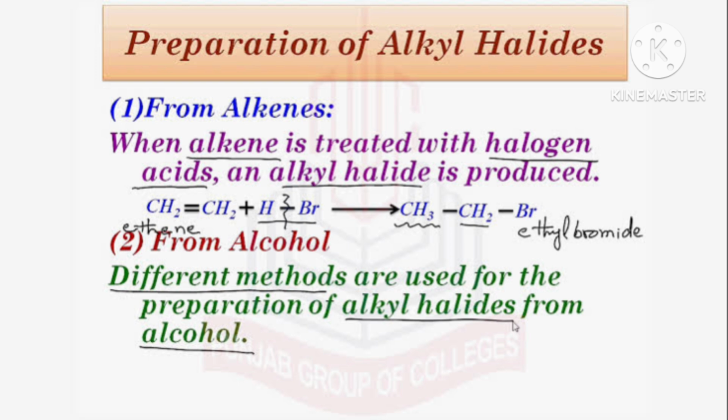Now next example, a particular example. Now ROH plus PCl5, phosphorus pentachloride. Then what will be the product? This is a very important reaction. ROH plus PCl5.